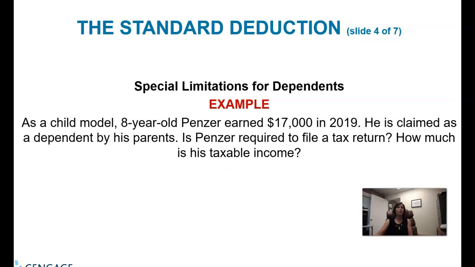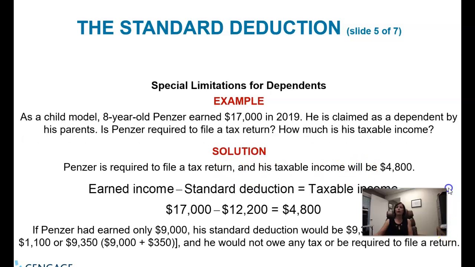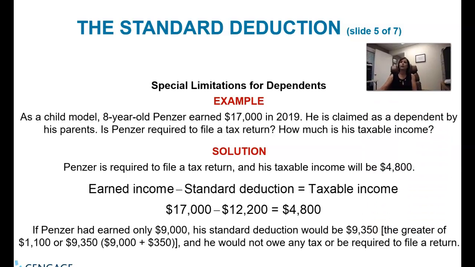Well, Penzer is required to file a tax return. His taxable income will be $4,800. How do we make that determination? We've got earned income minus the standard deduction. Well, wait a minute. You just told me that the standard deduction of $12,200, if he's a dependent, he can't take that.